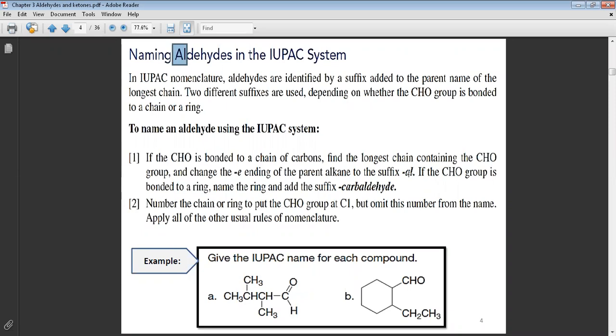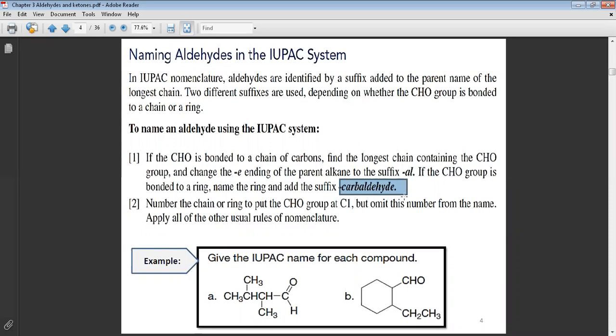And if the aldehyde group is bonded to a ring, name the ring and add the suffix carbaldehyde. That means we give the name for the cyclohexane, cyclobutane, cyclopropane, cyclononane, cyclodecane, anything, and then at the end we add carbaldehyde.